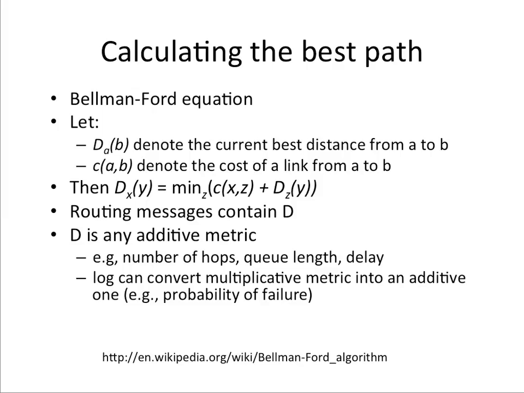So your cost is going to be the minimum of, so during an update interval, you're going to hear a lot of updates. Each neighbor is going to advertise their best cost, right? So how are you going to decide which neighbor you are going to select at the end of the update interval?